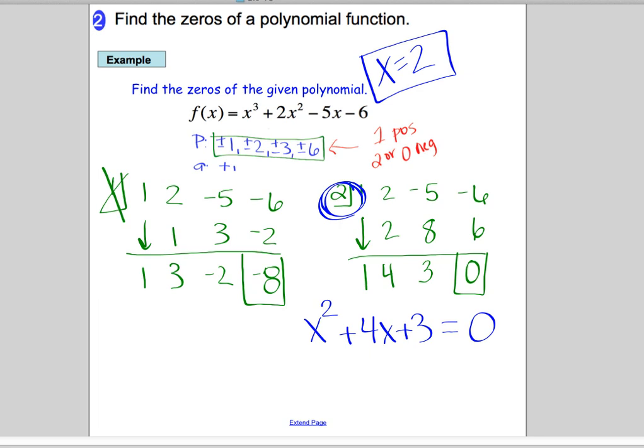And the nice thing there is that it's a basic x squared. We can factor this. There's a coefficient of 1, so I'm really just looking for 2 things that multiply to 3 and add to 4. And that's x plus 3 and x plus 1. So our 2 negative zeros are negative 3 and negative 1.